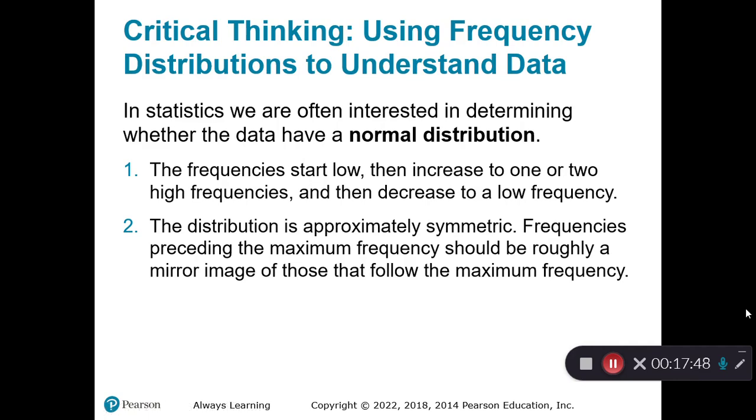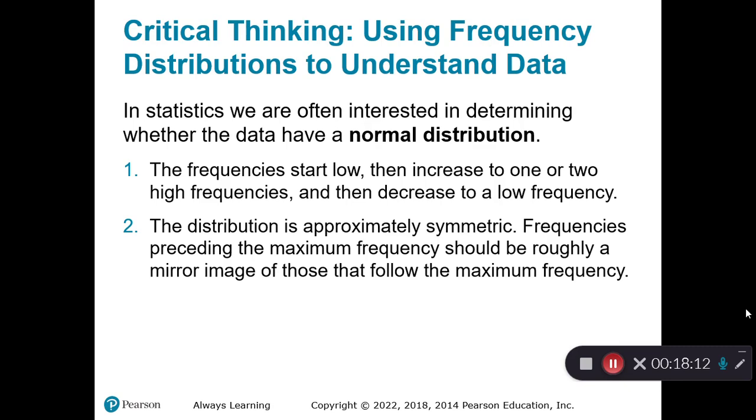One type of distribution that is very common in the world in its natural phenomenon is that of a normal distribution. And we're going to spend an entire chapter looking at normal distributions later on in this course. For now, we're going to talk about normal distributions in very basic terms.